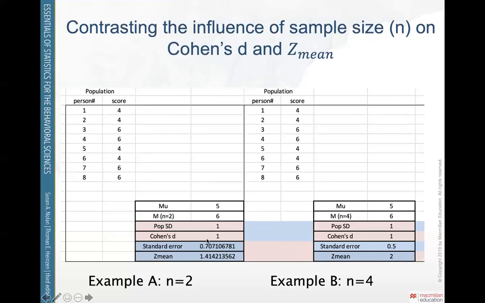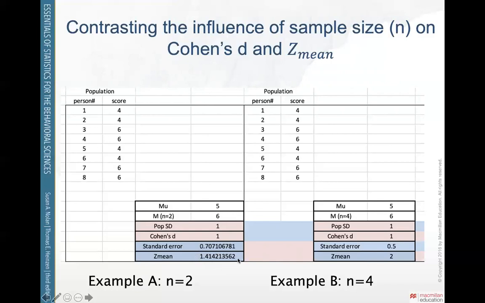And remember, the numerator of our Z mean is 6 minus 5, which is 1. But we're going to be dividing by this number right here. 1 divided by this number gives you this Z-score. So when our sample size is 2, given the sample mean, population mean, and standard error, our Z-score is approximately 1.414.